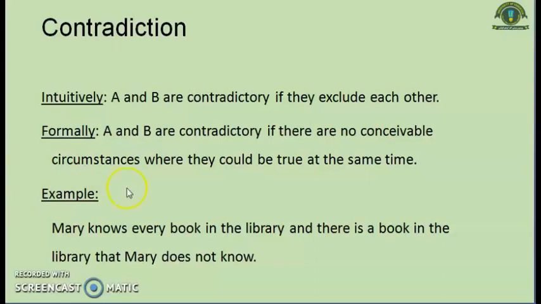So what we have identified here is that there are no conceivable circumstances of the truthness of the statements at the same time, so there must be one false statement in the sentence.